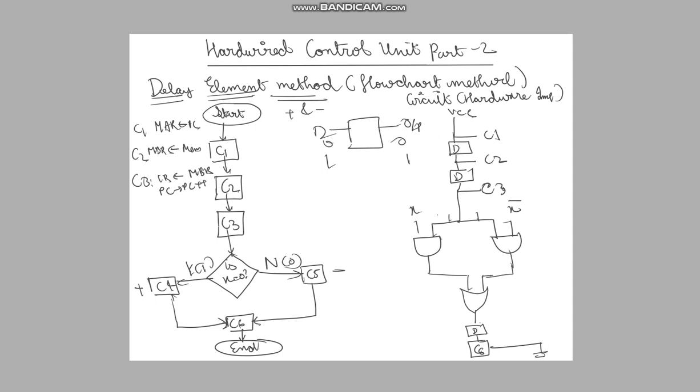If you see over here, your C3 comes between your C3 and your C4 instruction. There's no delay element. So do you give your delay element over here, separately over here, or over here? Of course you give it over here. You don't want to duplicate your elements, so try to be smart in that way.